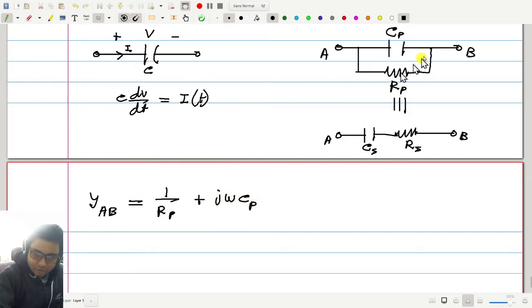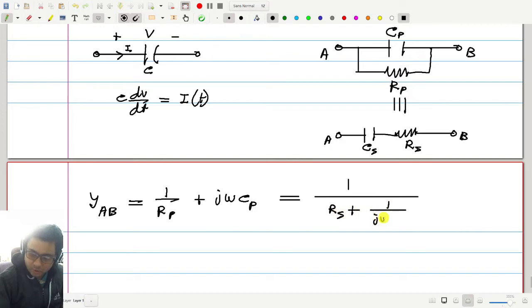This should be equal to the admittance of the series combination, which will be 1 over the impedance, which is RS plus 1 by j omega CS.